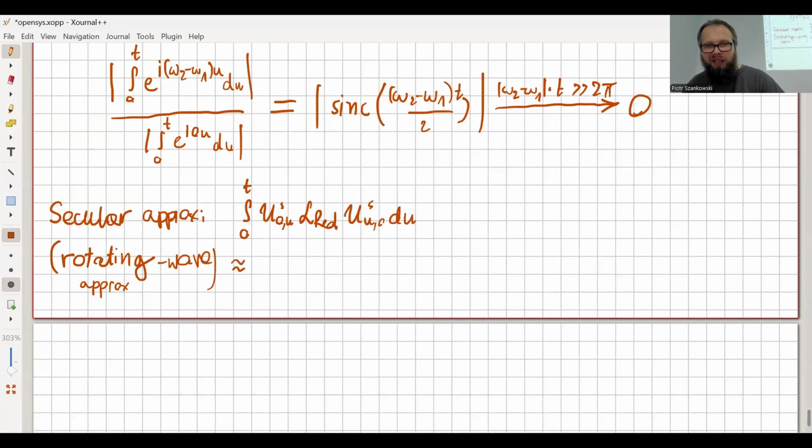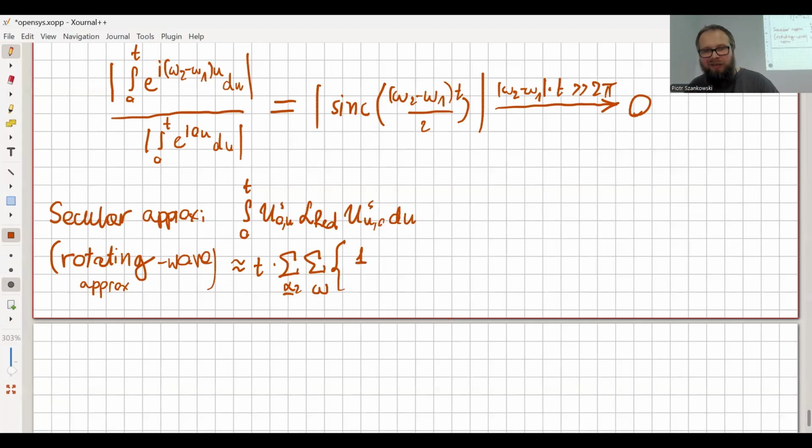We approximate it with t times the sum over alpha, sum over omega, but only one omega because we are keeping only diagonal terms. And you can rearrange those terms in a clever way, which I will do here.